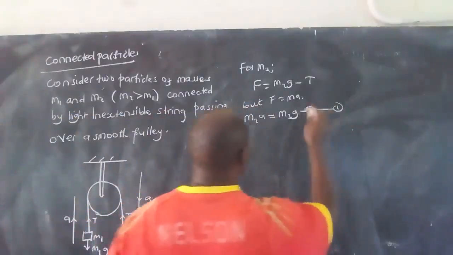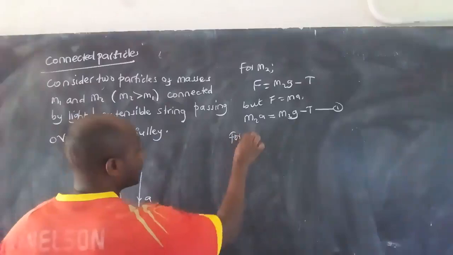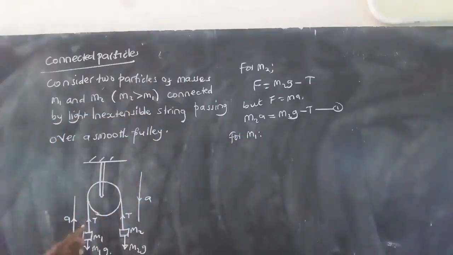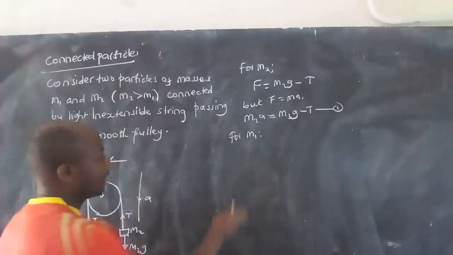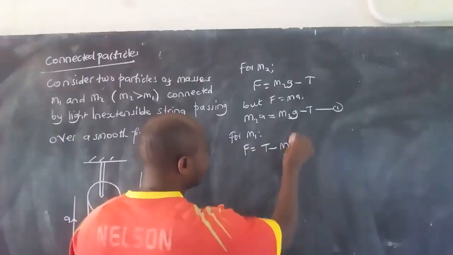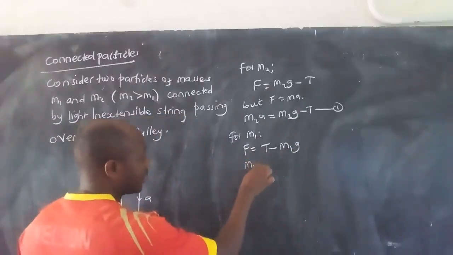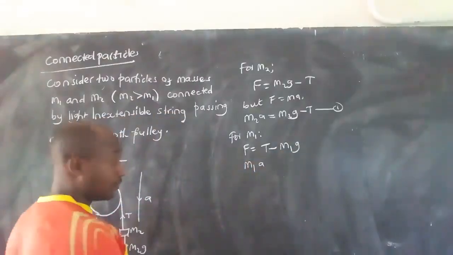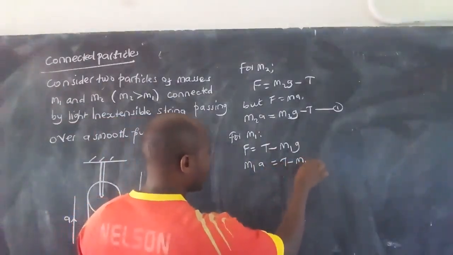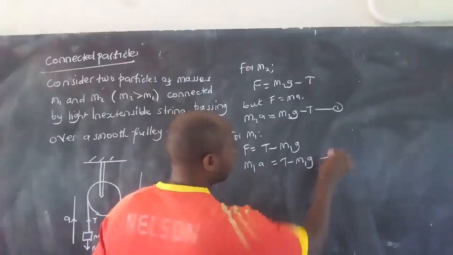Then for m1, for a body of mass m1, tension is moving up, so the resultant force, which is m1a, is equal to T minus m1g. That's equation 2.